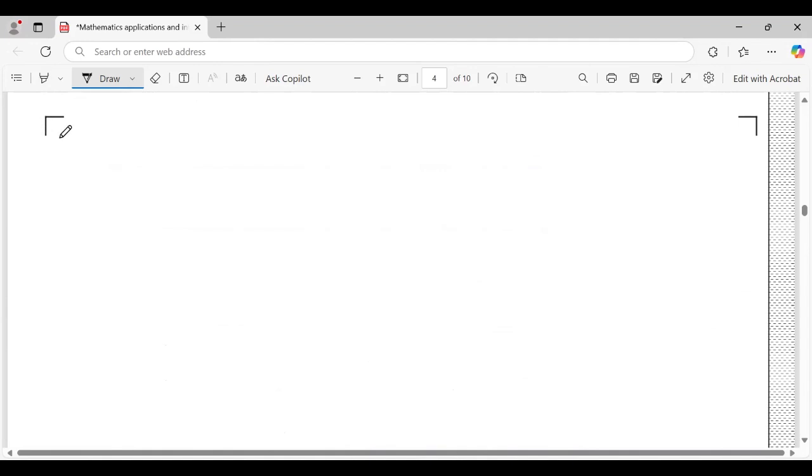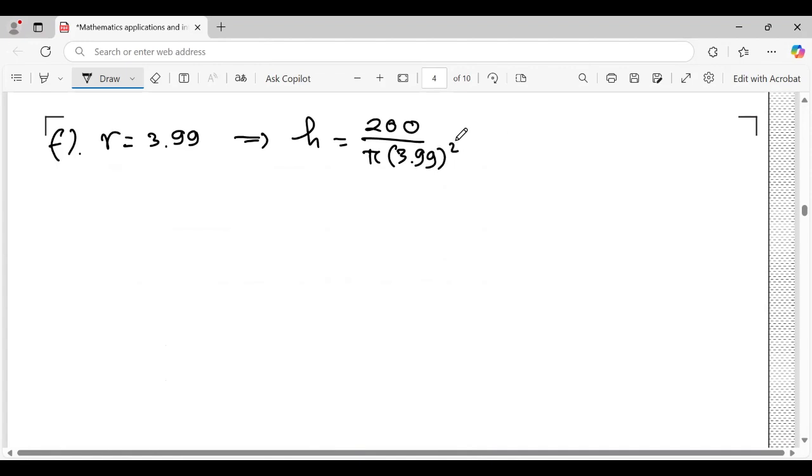F. If R, or radius, equals 3.99 based on our previous calculation, we can state that H equals 200 over pi times 3.99 squared. And if you calculate, the result is 7.98589, or rounded off becomes 7.99 centimeters.